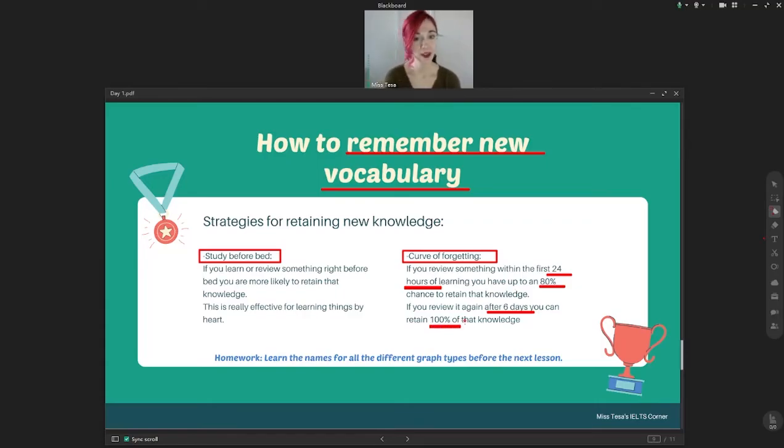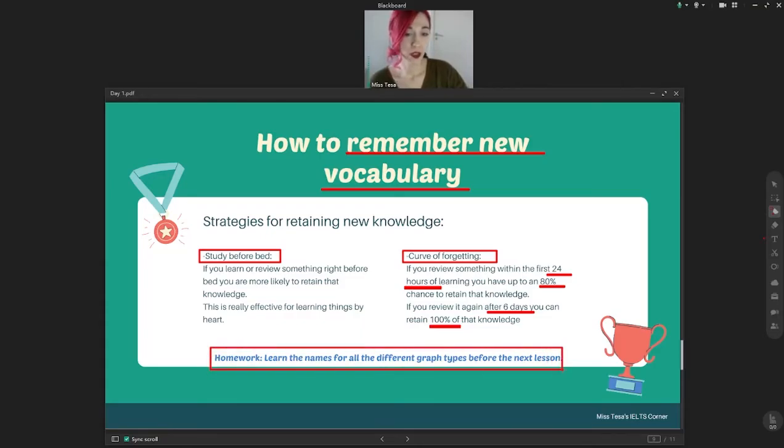So this is a strategy that you can use whenever you learn a new word, a new expression, or whatever it is. Review it again within 24 hours, so the next day, and review it one more time after 6 days. And I guarantee you will have a really easy time remembering new knowledge like this.